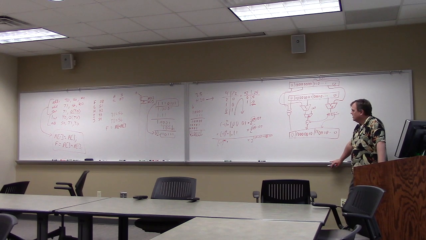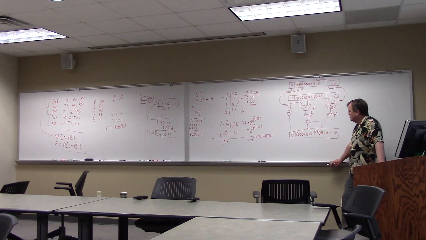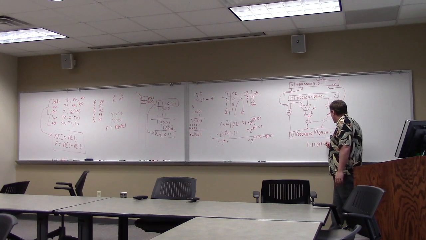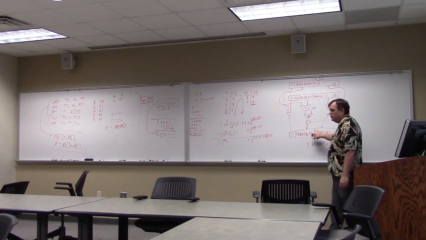And then you could go back and check to see is this one correct. So this number we know is 1.11, 0.111 times 2 to the, this is 130 minus 127, so a third.